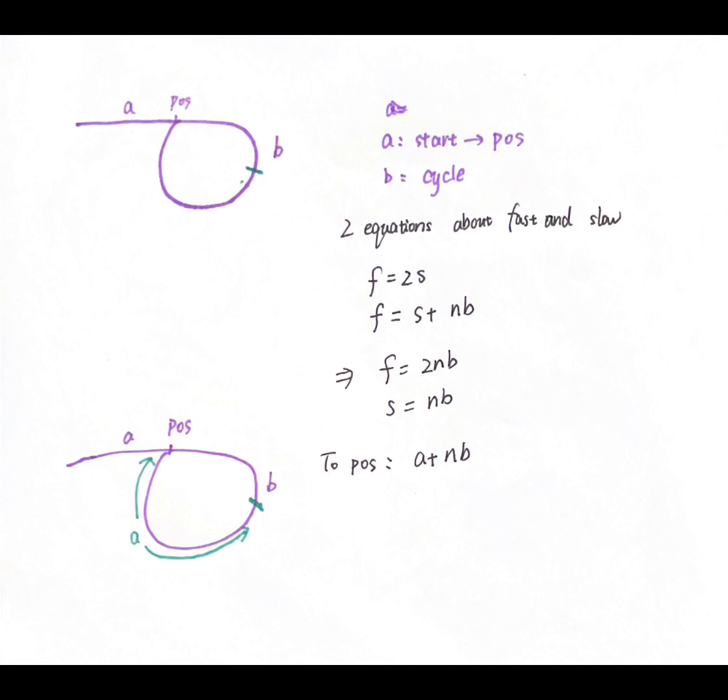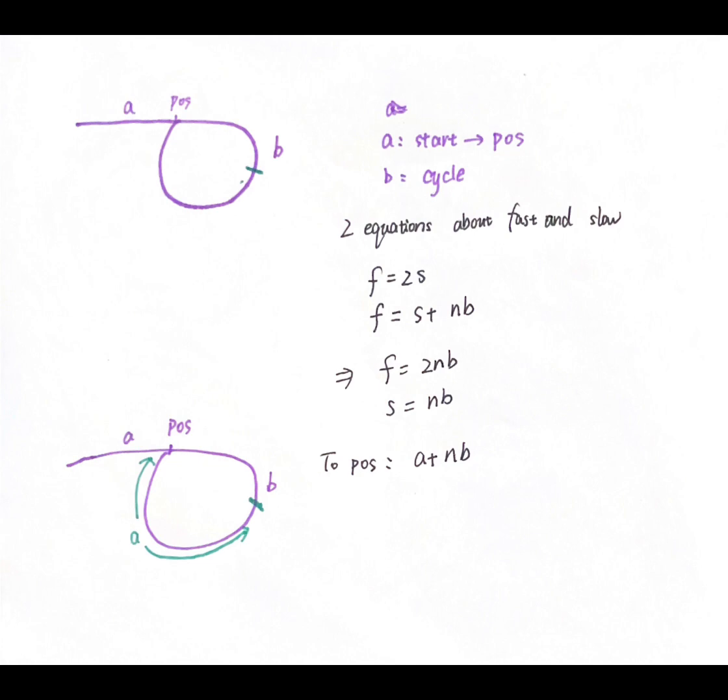And fast is also equal to slow plus n times b, because when they meet, fast has gone n more full cycles, where b is the number of nodes in the cycle. So according to these two equations, we get that fast is equal to 2 times n times b, and slow is equal to n times b.